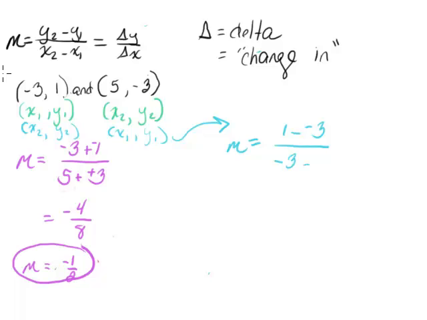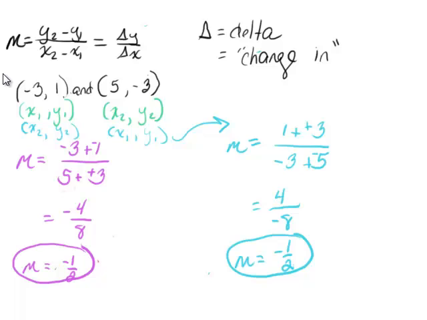It gets messy when you do it this way, so I'm only going to do it for this one. So 1 minus negative 3 gives you 4, 1 plus 3. And then negative 3 minus 5 is the same as saying negative 3 plus negative 5. And again, you get the exact same answer.